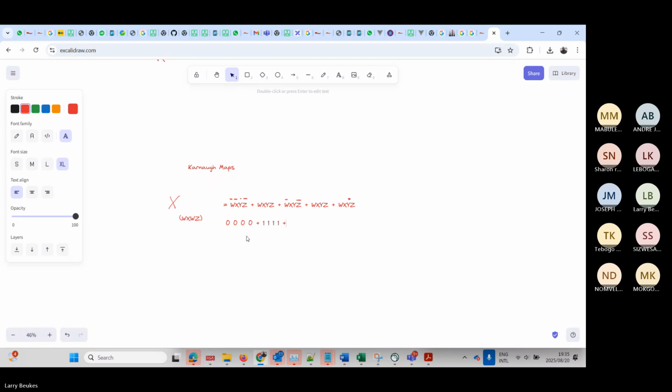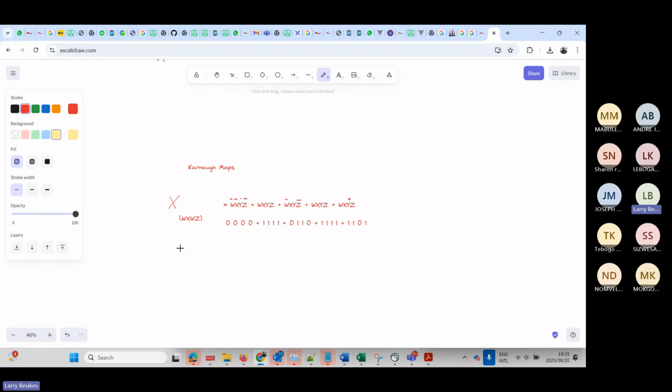Then 0, 1, 1, 0, and 1, 1, 1, 1. Here we're going to have a 0 by Y, so this is 1, 1, 0, 1, right? Okay, so the next thing that we do, we draw the Karnaugh map.